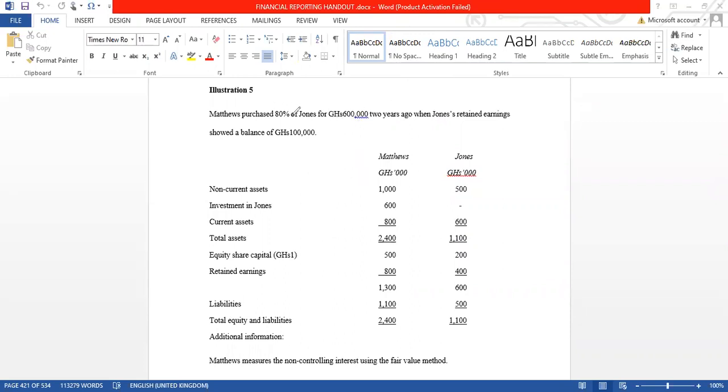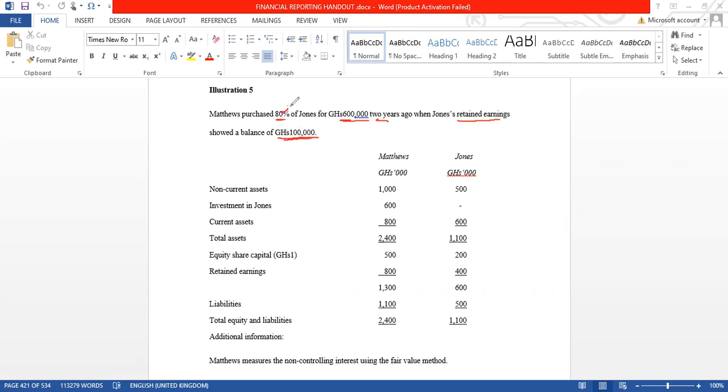The question tells us that Matthew acquired 80% of Jones for 600,000 Ghana cedis. Don't forget, 2 years ago, when Jones's retained earnings showed a balance of 100.